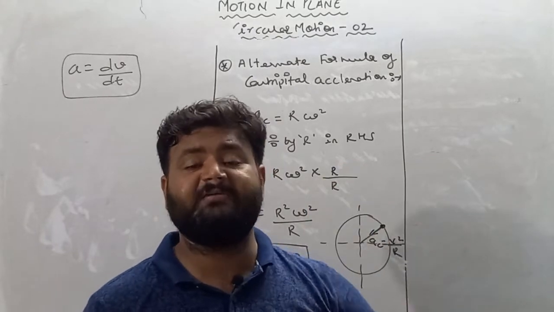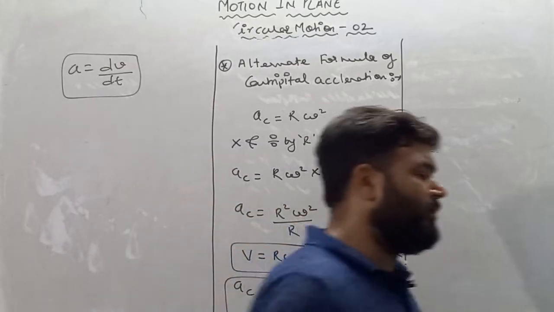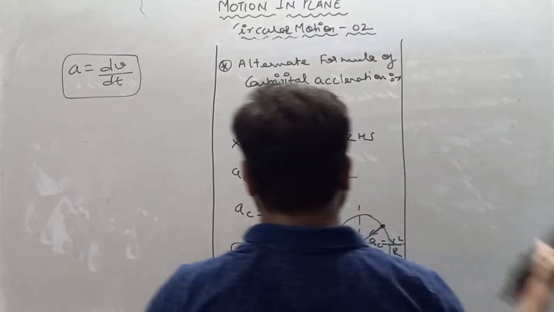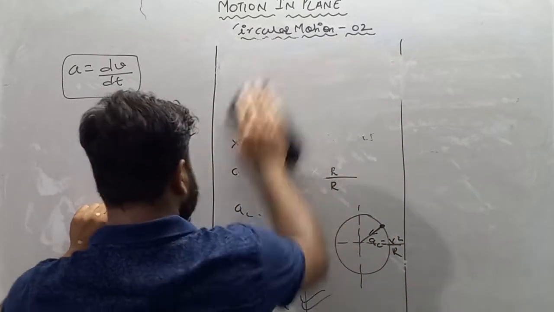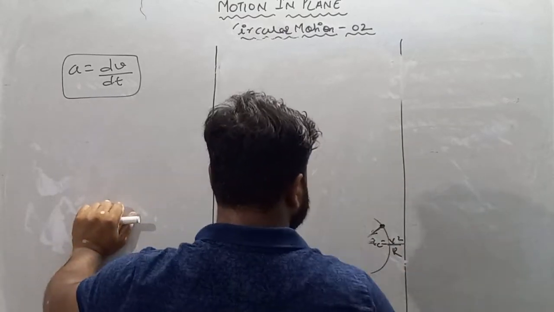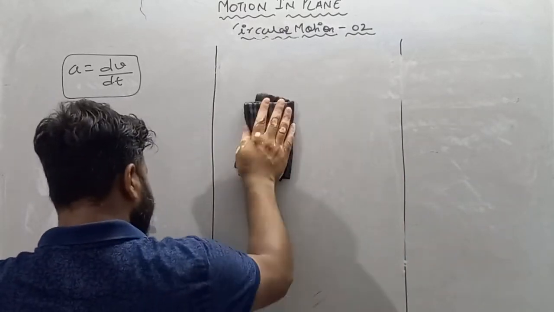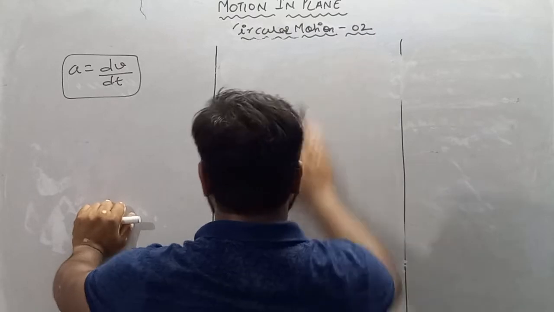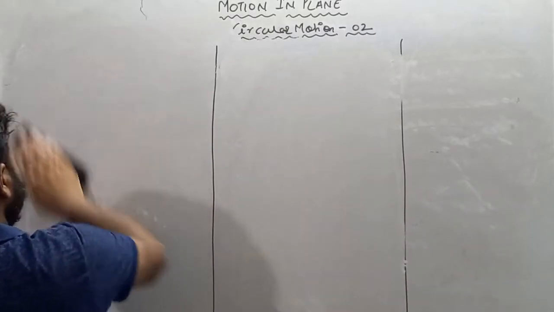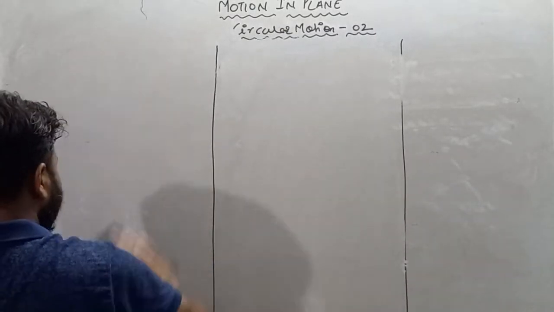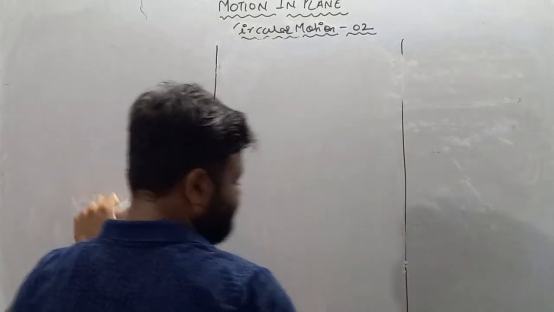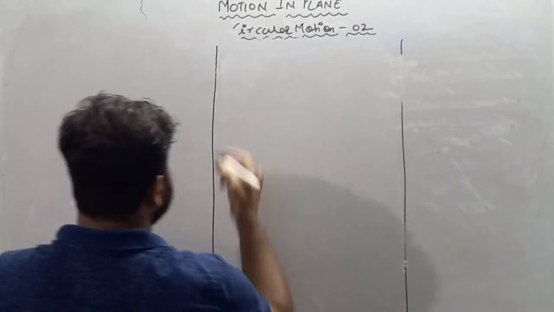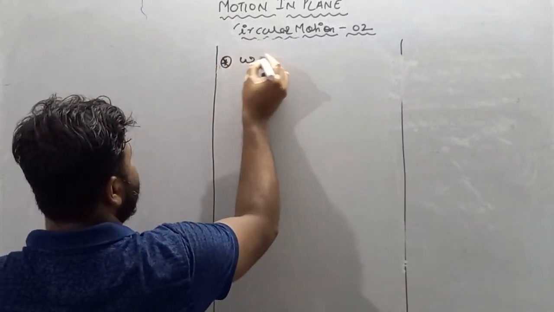So write down a fresh heading: work of acceleration when the particle is in circular motion.